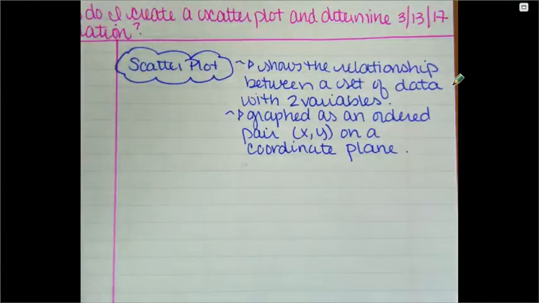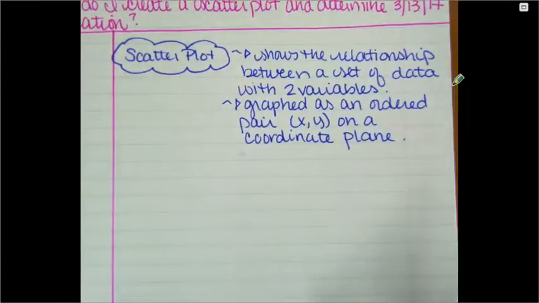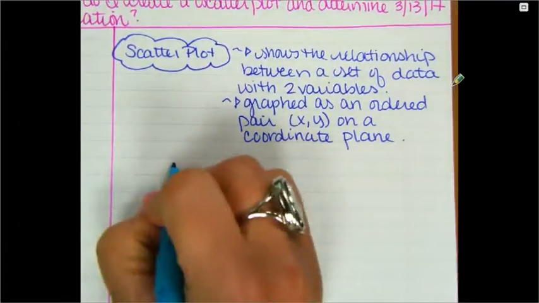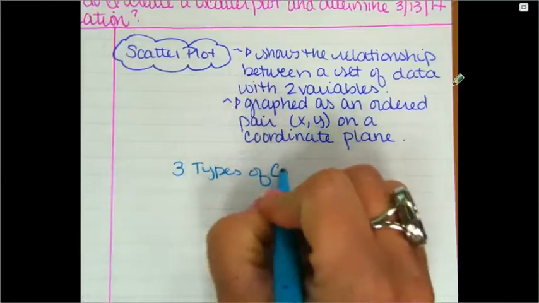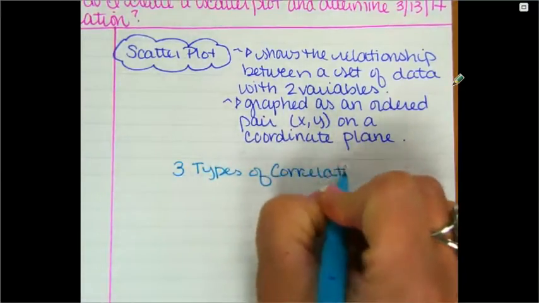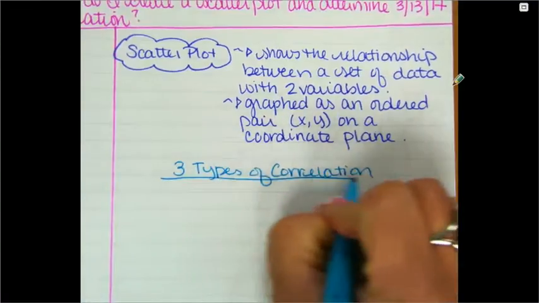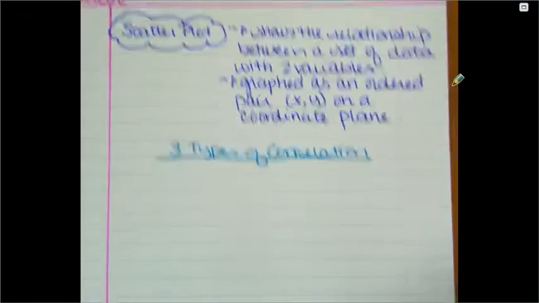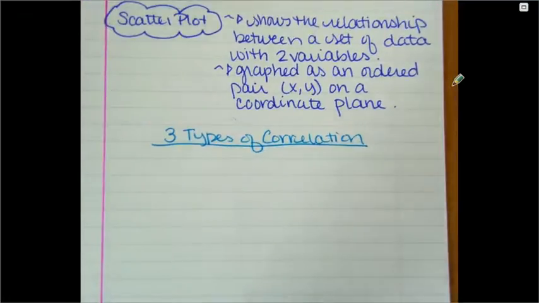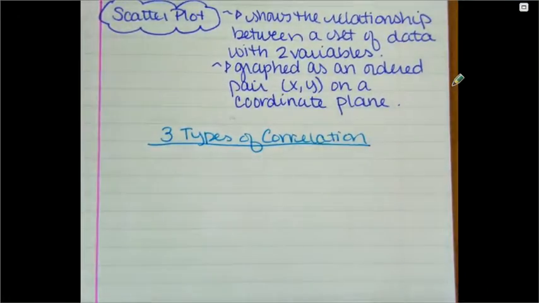Now there are three types of correlation. The first thing we have is positive correlation.